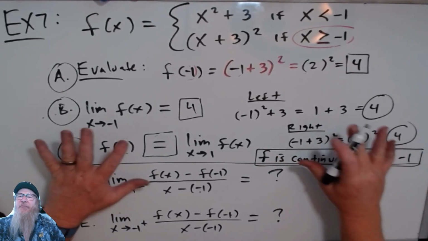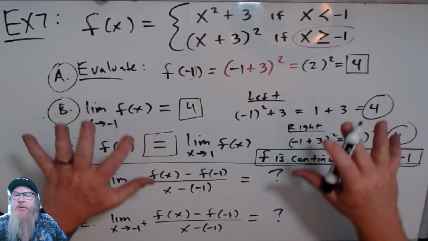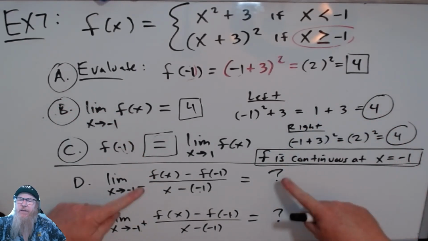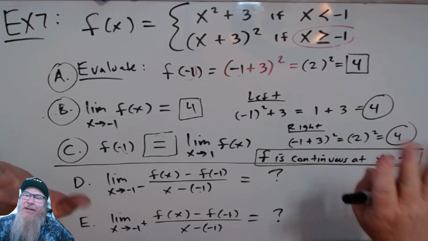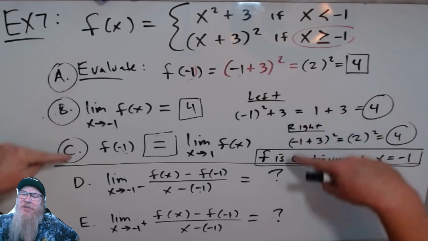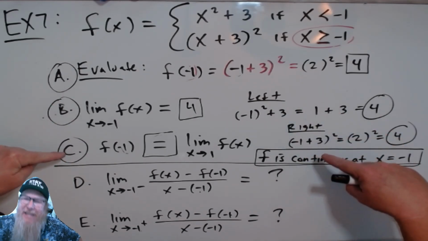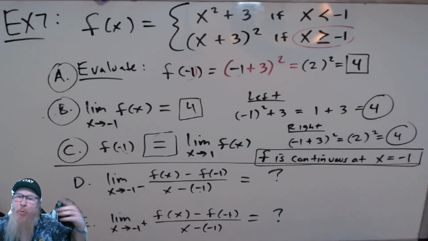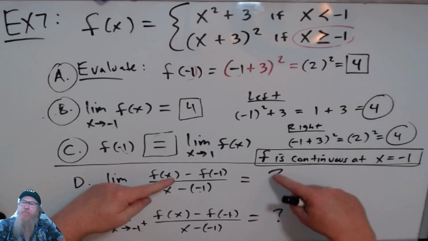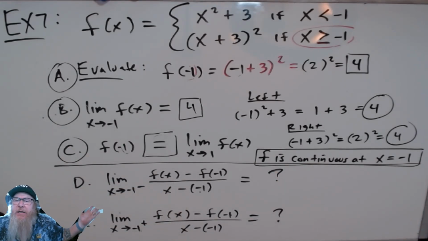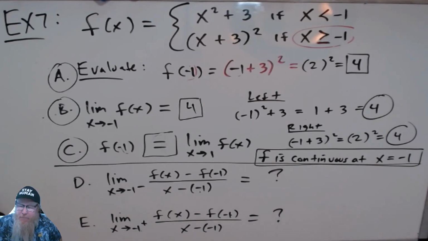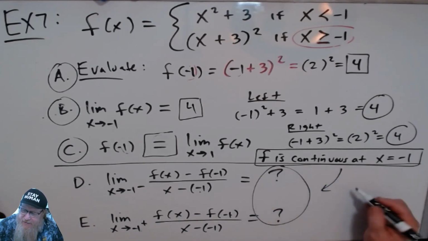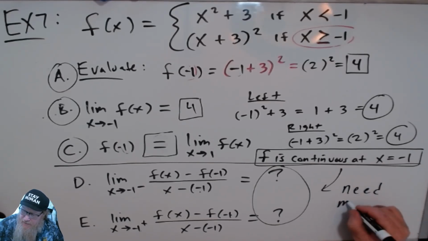If we did not have a continuous function, then I would already know the answer to these two. I should make that very clear. If these first 3 steps give you a break in the graph, then you can automatically answer these 2 without doing any work. You just say DNE. But because it's continuous, you need more space.